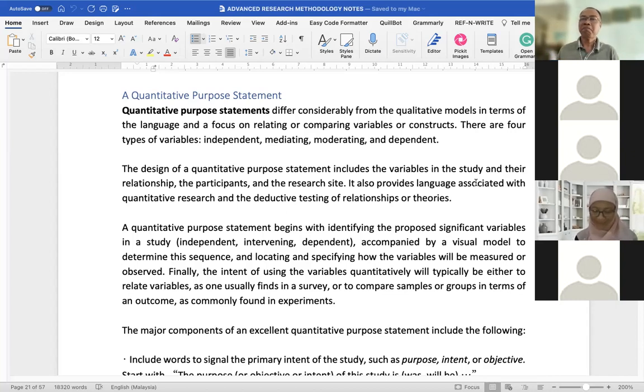Yes. So if you choose quantitative, then the data that you collect and the data analysis that you will do can answer the research questions and research objectives.